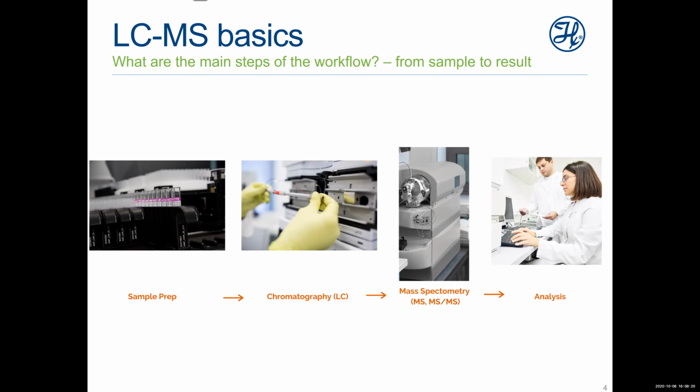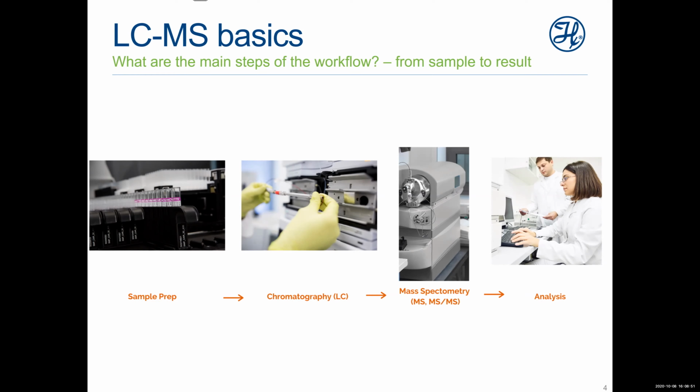So what are the main steps of the workflow when we work on LCMS? Well, the first step, like in other methods, is to prepare the sample. We can't just analyze the sample as it is. So we need a first step of sample preparation, which sometimes includes enrichment, sometimes extraction or other more complex processes.